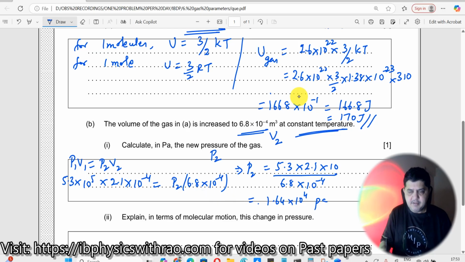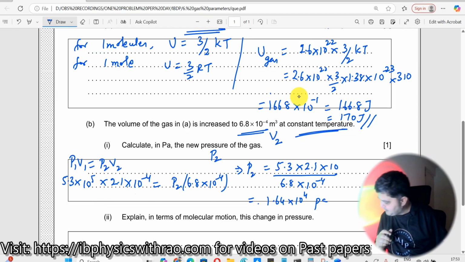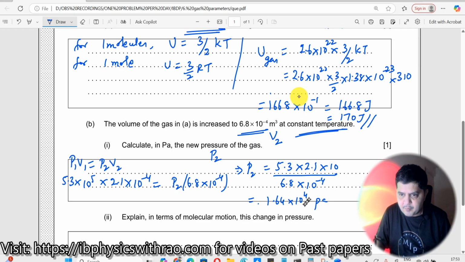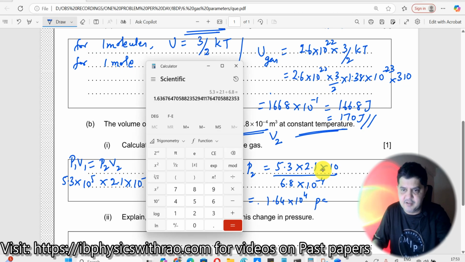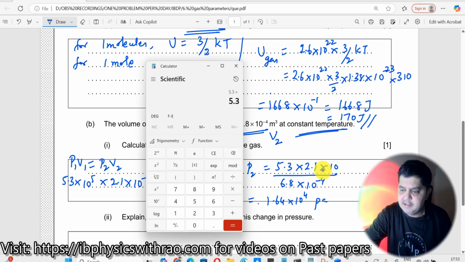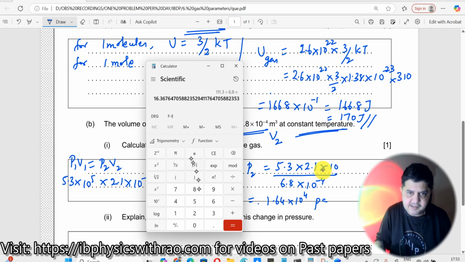I need to take care of this one. 5 minus 4 is 1. Sorry, the power is 5. There's a 10 here. I missed this. Let me redo this calculation. 5.3 times 2.1, then divided by 6.8 is 16.36.